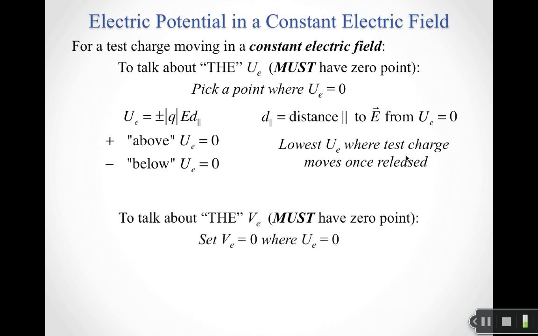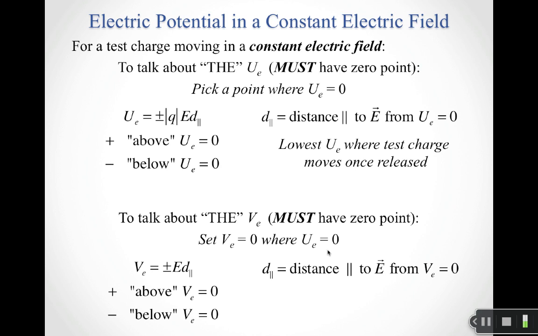We've got to play the same game if we want to talk about the electric potential. So we'll say the electric potential means the electric potential relative to where the potential equals 0, and we'll set the potential to equal 0. Oftentimes that'll be where the potential energy equals 0, but it doesn't have to be.